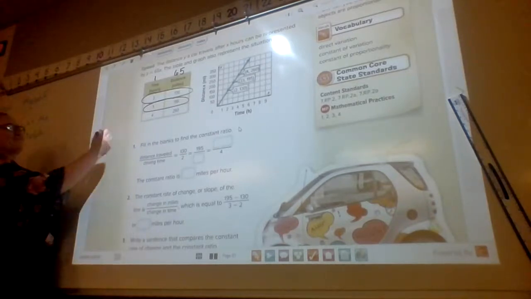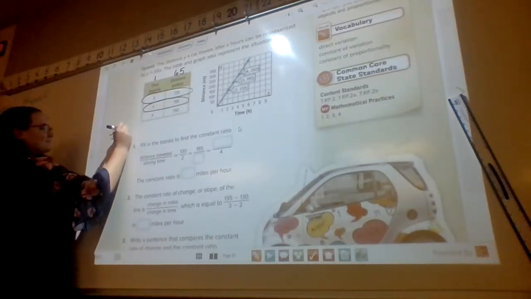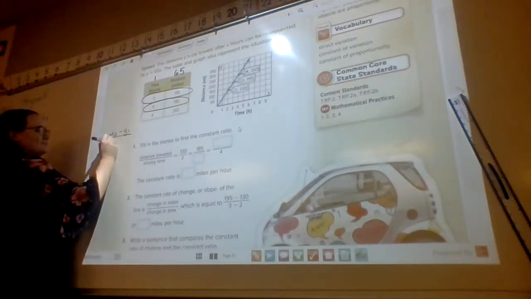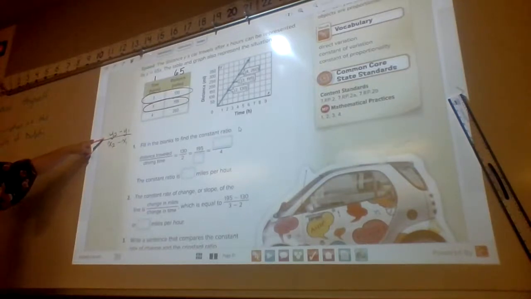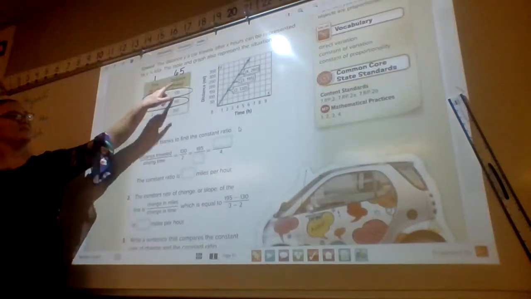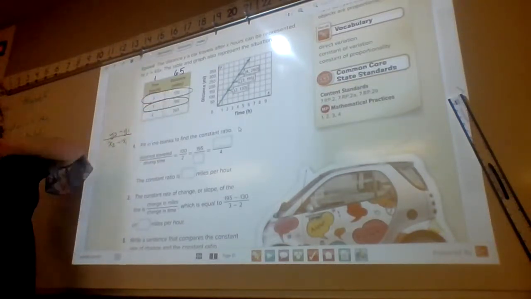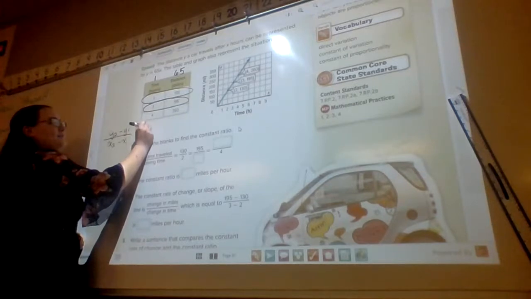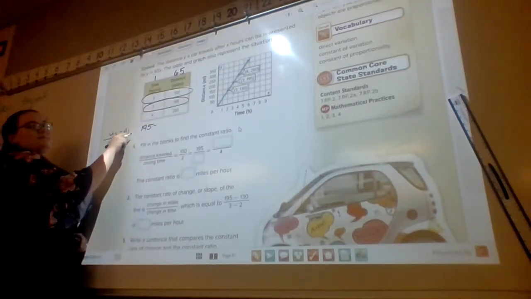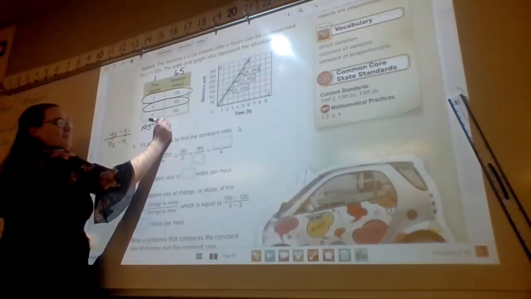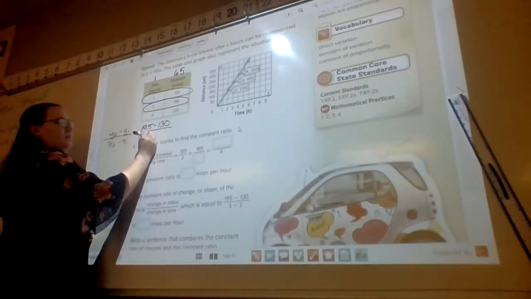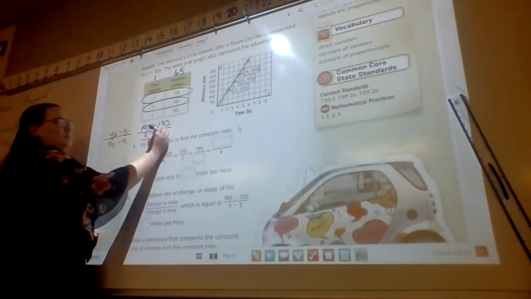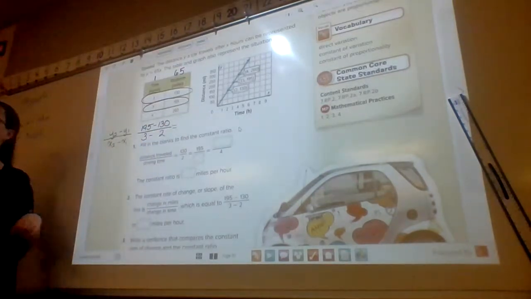Y2 minus Y1. What is your y2? Distance. So is it 130 or is it 195? 195 minus what's your y1? Divided by what's your x2? Minus what's your x1? What is 195 minus 130?